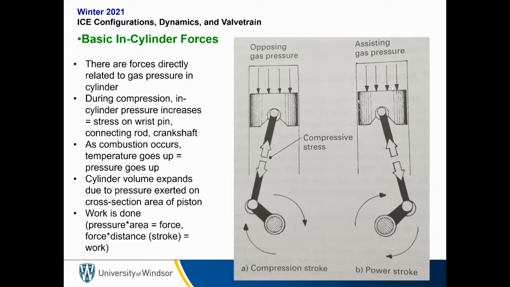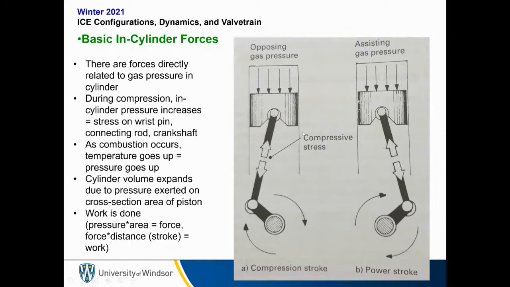Because of this gas pressure, we're now in the power stroke. The piston wants to move downwards. Well, the pressure is increasing because of the combustion. It's going to push down on the piston, and therefore it's going to be an assisting gas pressure force. So during the compression stroke, gas pressure opposes the motion of the piston. During the power stroke, gas pressure assists the motion of the piston.